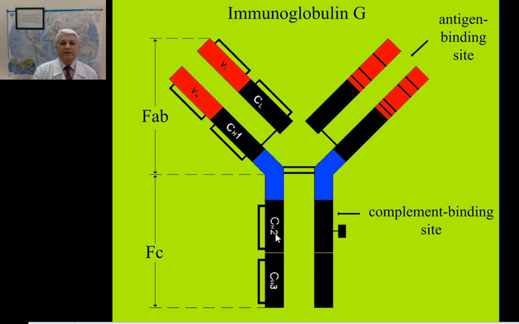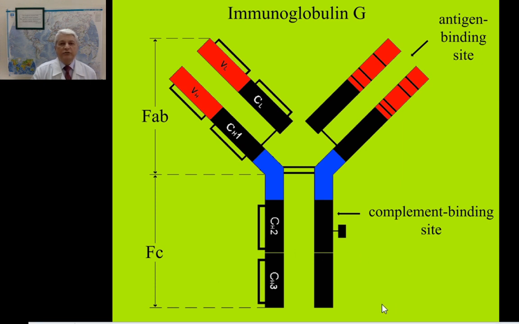But CH2 cannot interact hydrophobically with another CH2 because of the presence of carbohydrates between these two domains, and we shall see this on one of the next pictures. If this figure is completely copied to your notebook, we can go on.